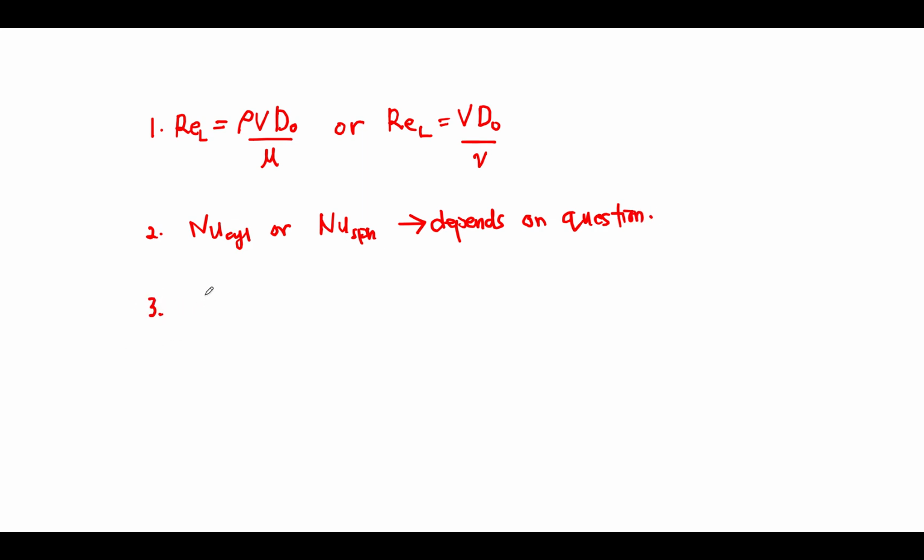Next, you equate the Nusselt number with hD over k in order to determine the heat transfer coefficient for that question. Normally you are required to find the heat transfer coefficient.